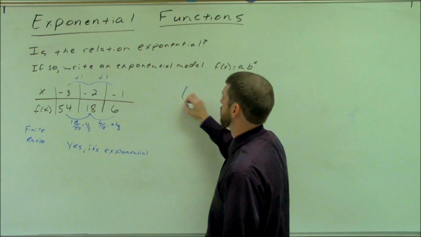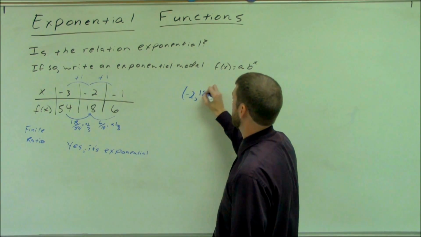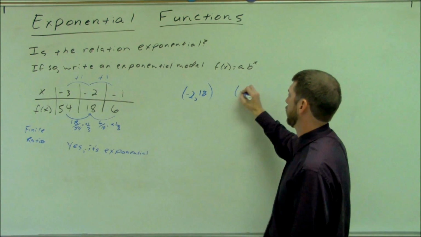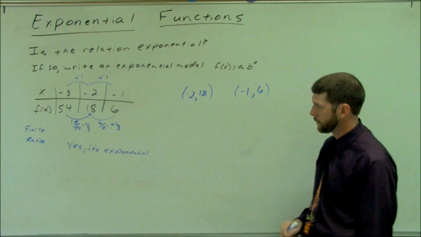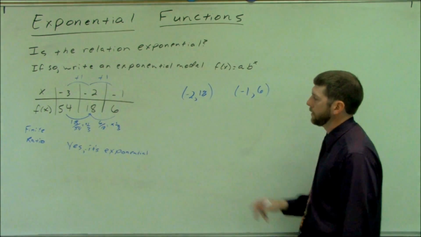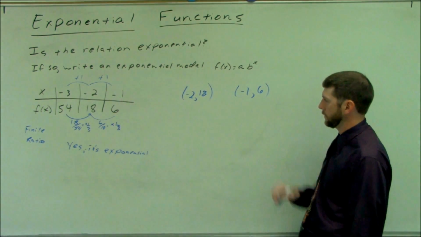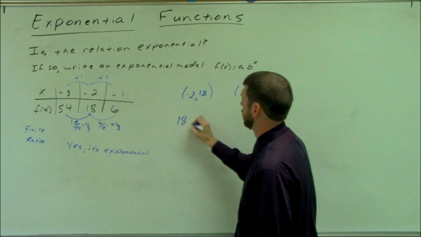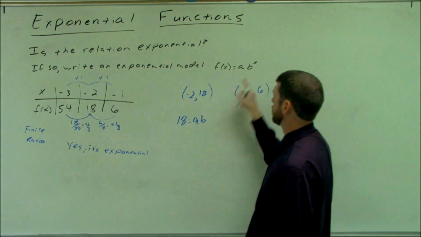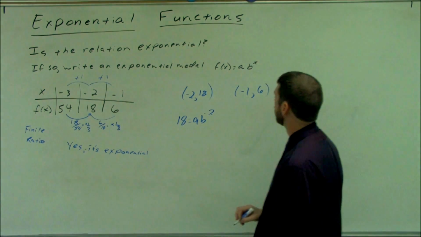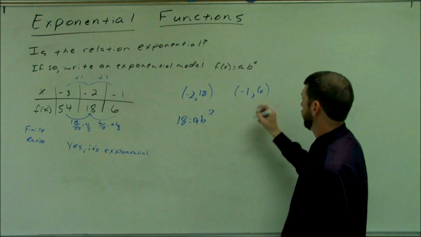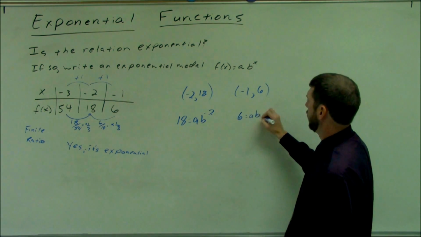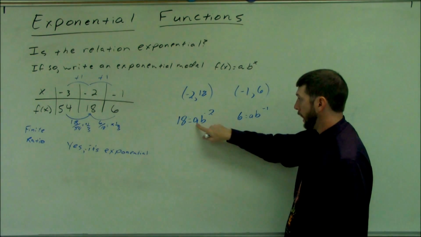So I'm going to use -2 and 18 and -1 and 6. There's my x's and my f of x's. So if we just substitute those in, f of x is 18 equals ab to the x is -2. Here we have f of x is 6, ab to the -1.